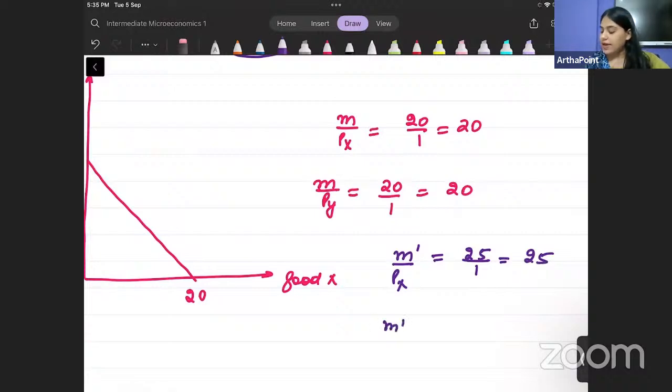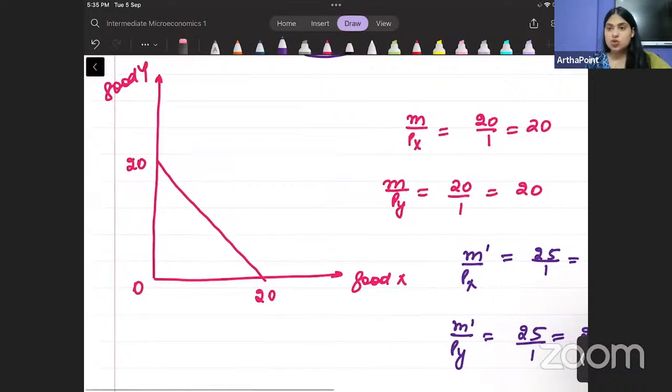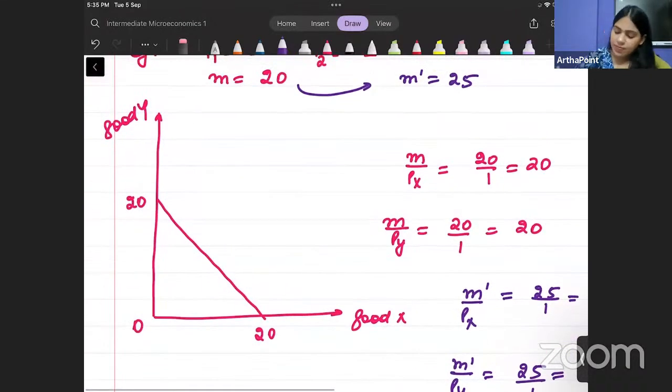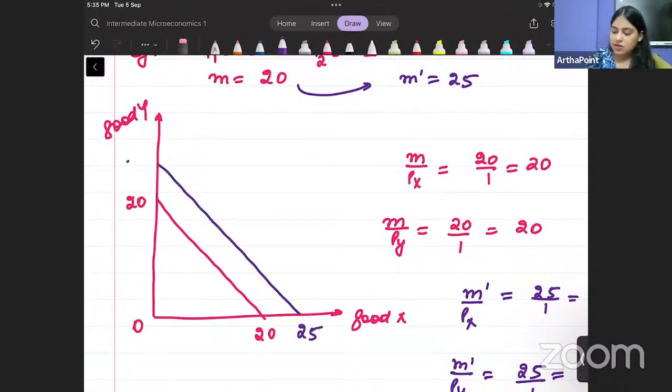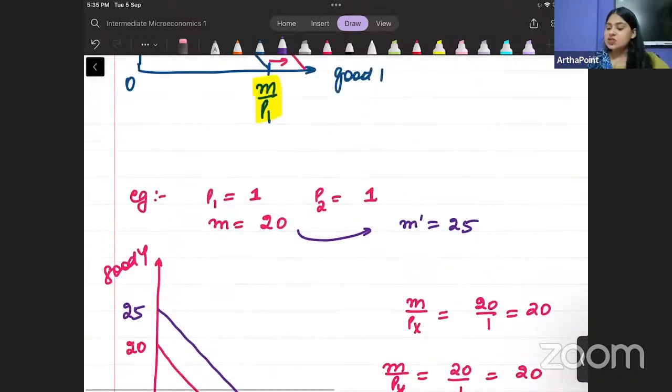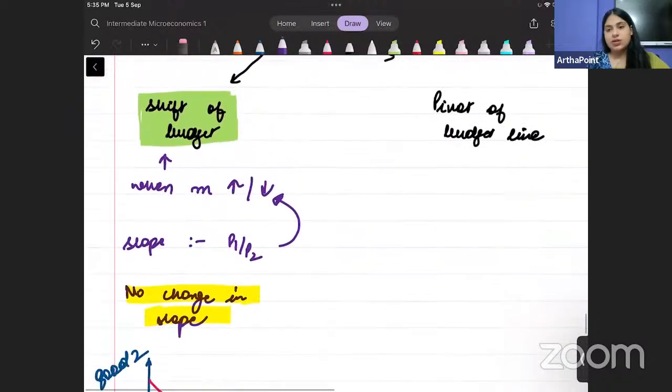And m dash by py, that means 25 by 1, that means 25. Income has increased to 25 now. Prices are the same, so this will be your new budget line with 25 on both sides. Is this clear? The budget line will shift, but the slope will be unchanged. This is called shift of the budget line.